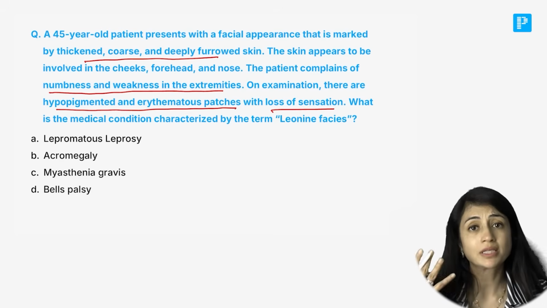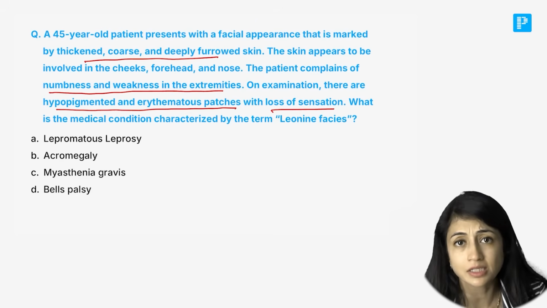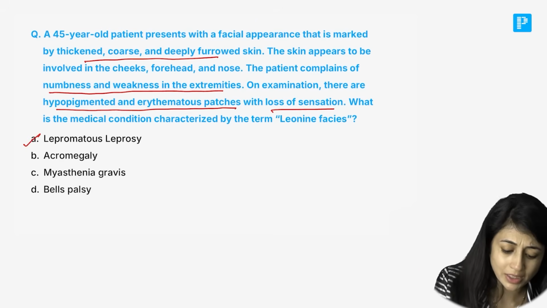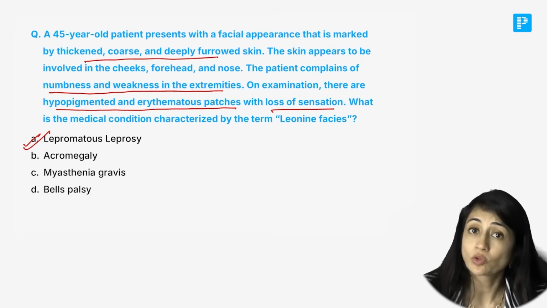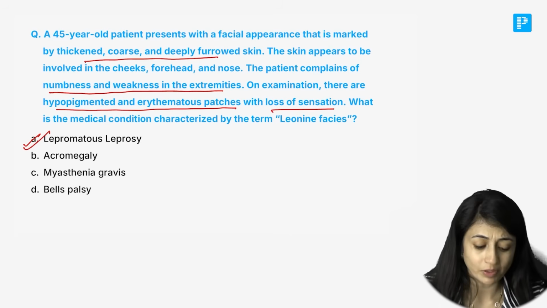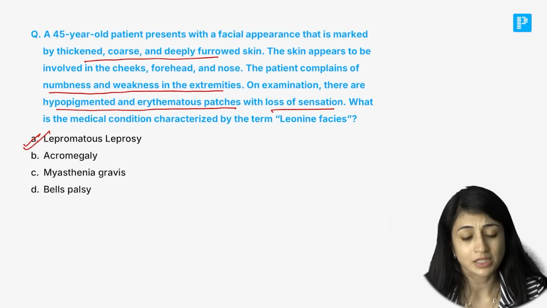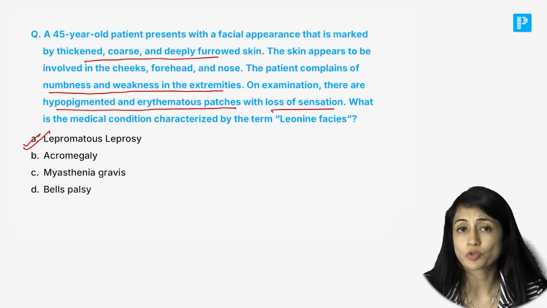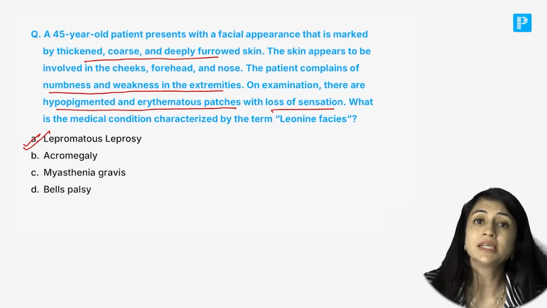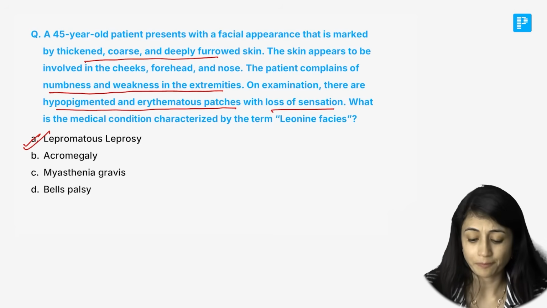So here, leprosy with leonine facies, this is a description of lepromatous leprosy. Acromegaly can also present with leonine facies, but there will be no loss of sensation. Same with myasthenia gravis and Bell's palsy. So this is a characteristic description of leonine facies seen in lepromatous leprosy.